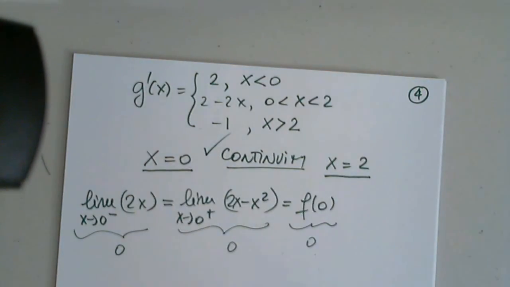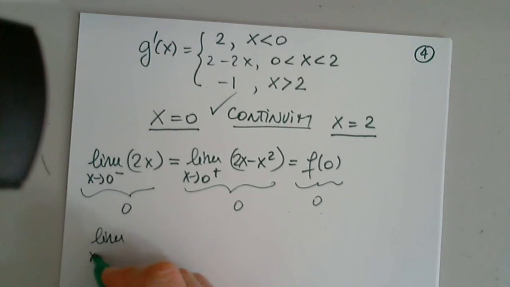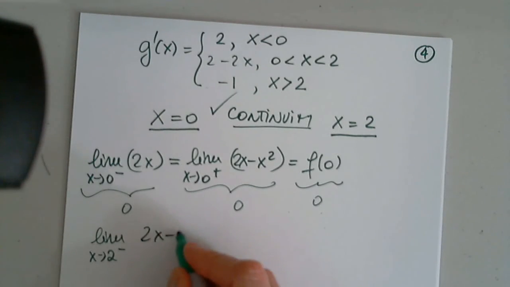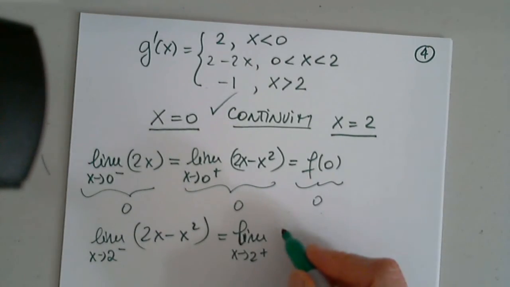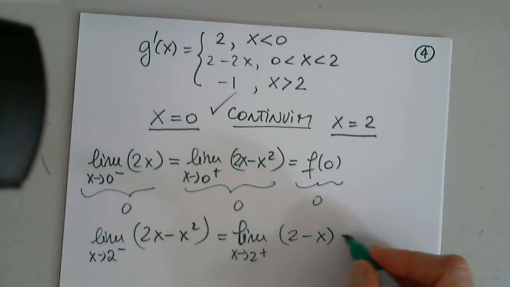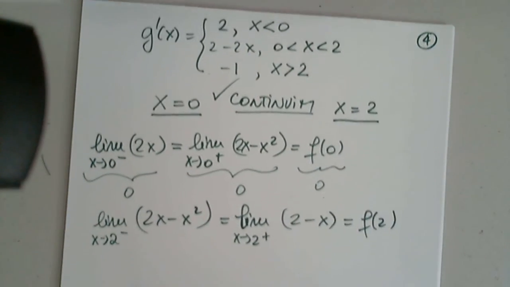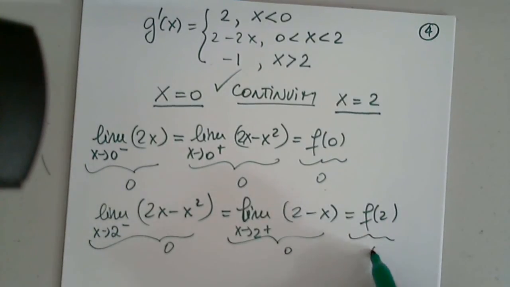Yes. Now continuity at 2. The limit as x approaches 2 from the left, which was 2x minus x squared, does equal the limit as x approaches 2 from the right of 2 minus x, and it does equal f of 2. This happens to be 0, this happens to be 0, this happens to be 0.